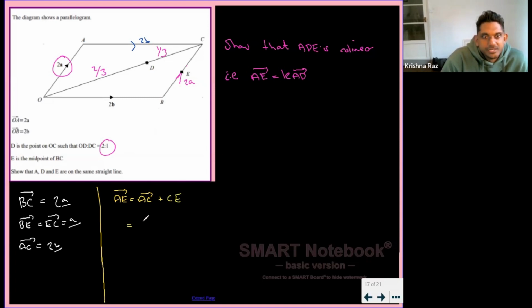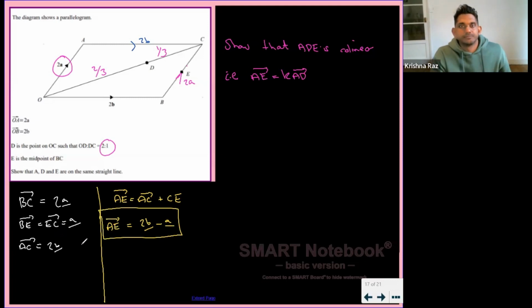And AC is 2B. And CE is the negative of EC, because it's going against the arrow. Yeah, so AE is 2B minus A. So now we need to find AD and show that it is a multiple of this, yeah?